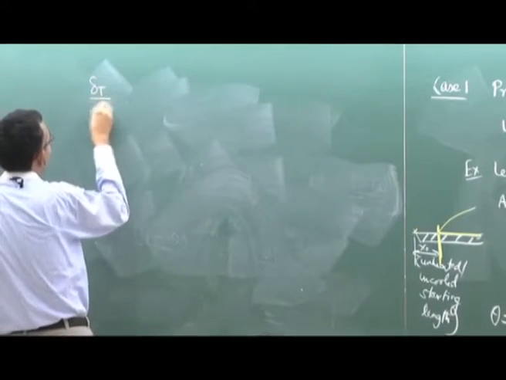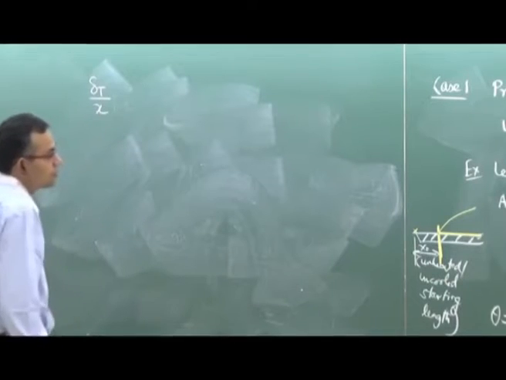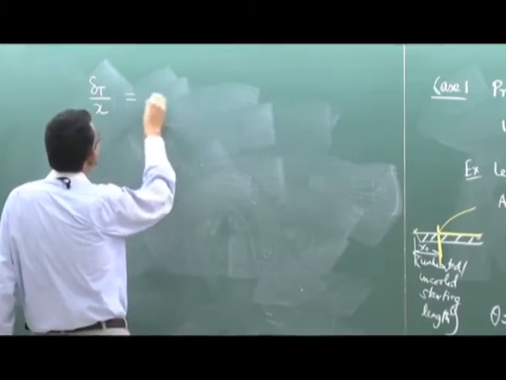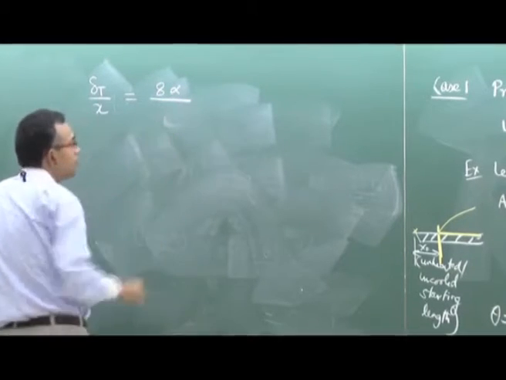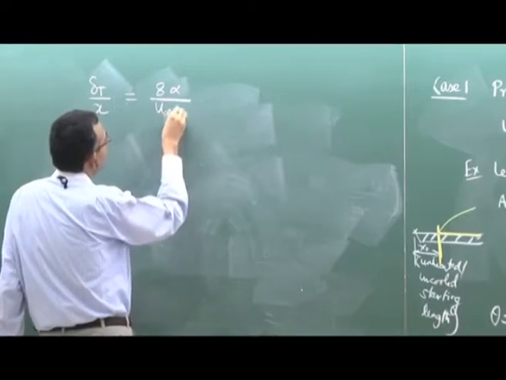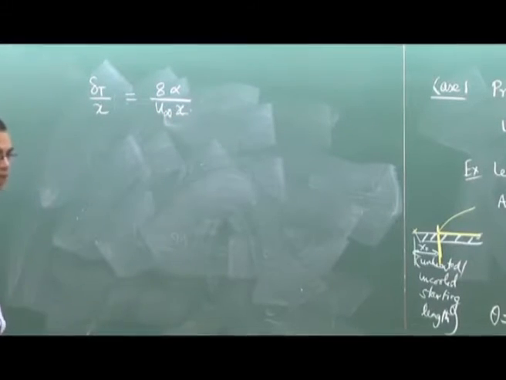So delta T by x is equal to 8 alpha by u infinity x, right.